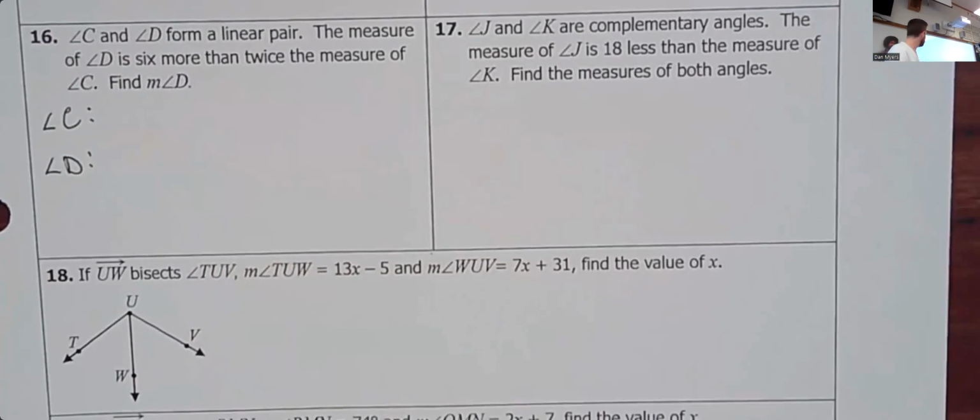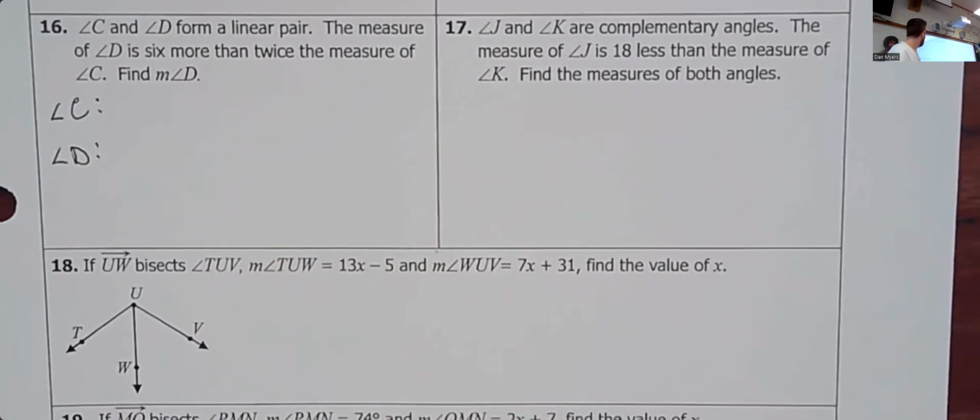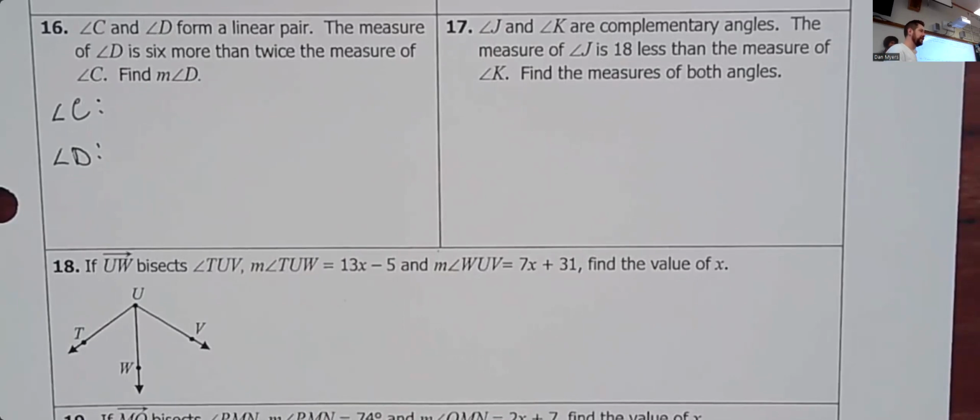Anytime, and this is something that I try to have everybody remember, anytime that 2 things are being described, the one that has more words with it is going to be the one that has numbers along with X. The one that is mentioned less is the one that is X. So for example here, the measure of angle D is 6 more than twice the measure of angle C. Angle D has a lot more description with it, because it's added on by 6 and it's doubled as well.